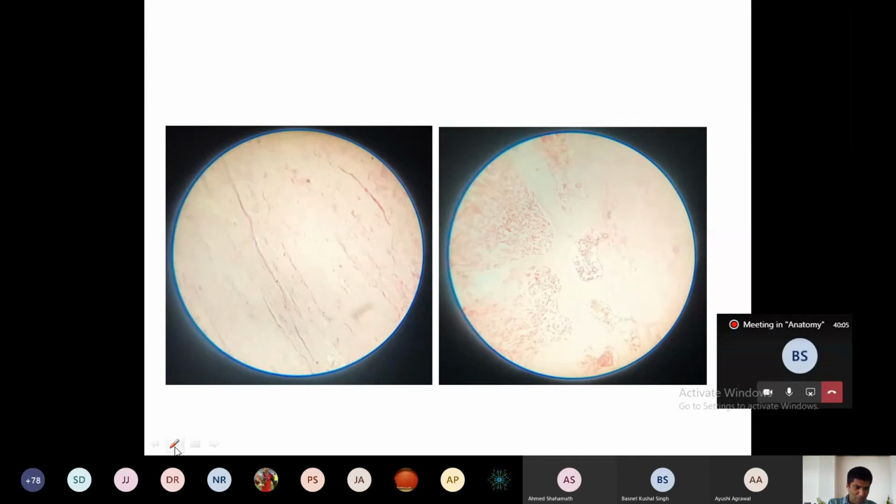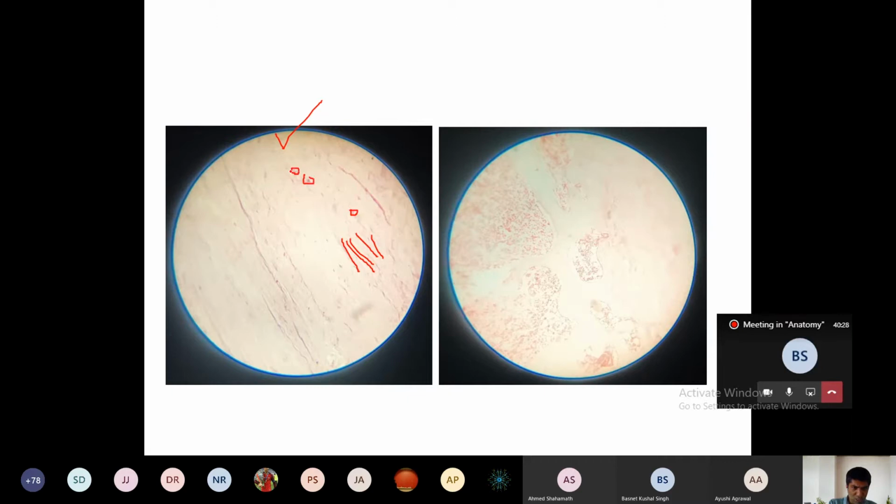And now number 9, everybody guess it. What is this? Now I'm telling. This one is the white fibrocartilage. Here you can see bundles of collagen fiber. In between the bundles of collagen fiber, you can see rows of chondrocytes.